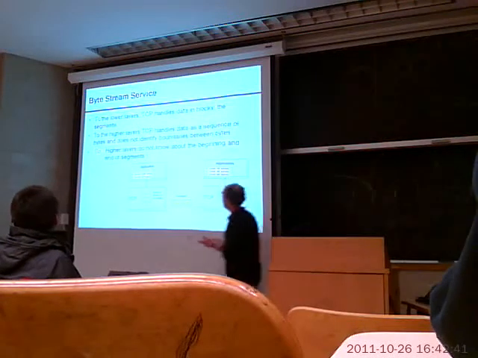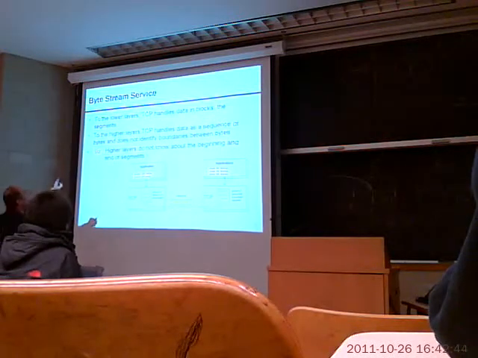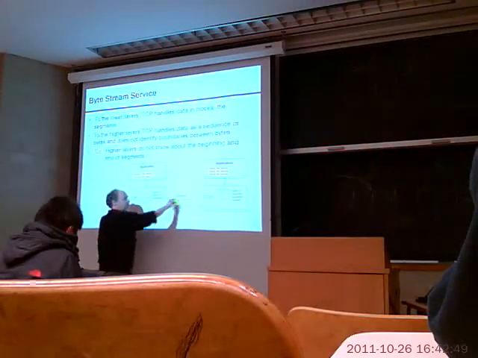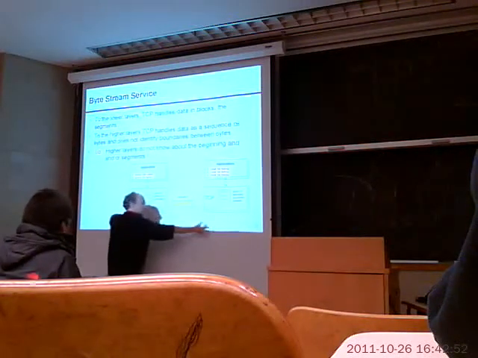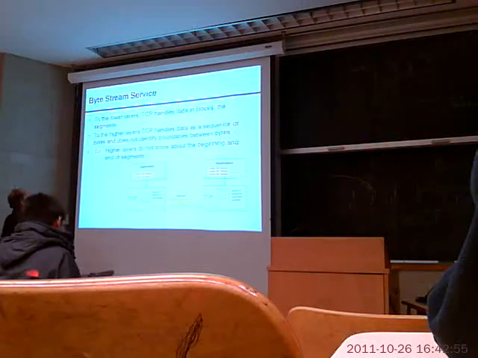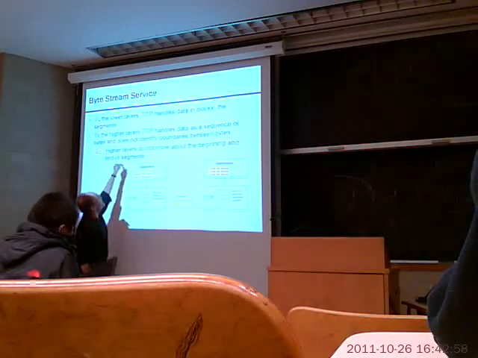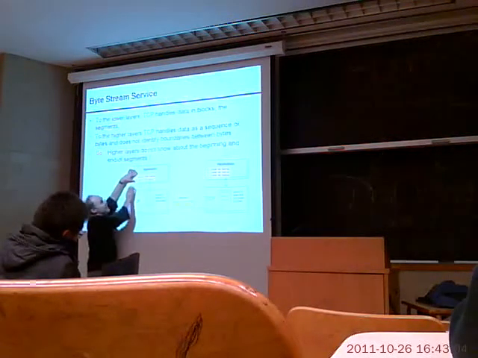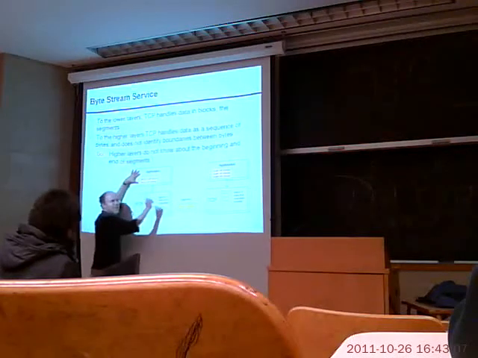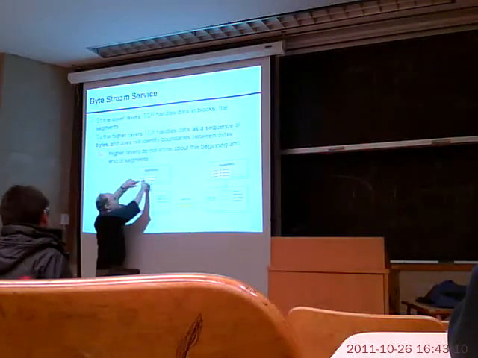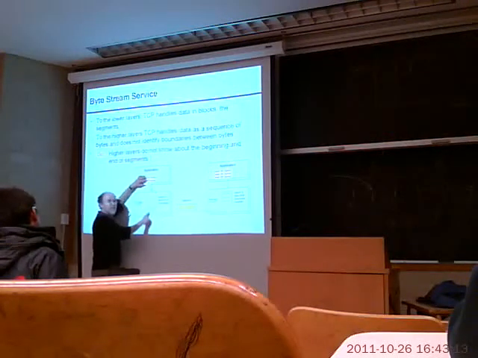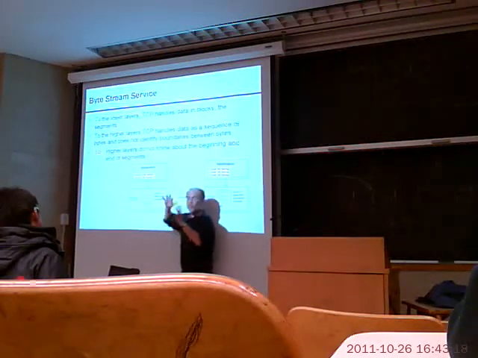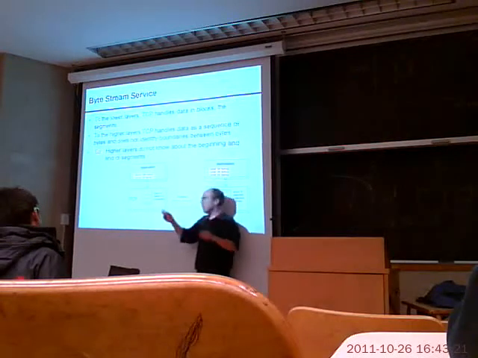So the byte stream service: TCP handles data in segments. TCP sends the segments to IP, which puts them in datagrams and delivers them. To the higher layer, TCP handles data as a sequence of bytes. The application does not see any segment boundaries. If you write 100 bytes here, then 20 bytes there, the applications are not concerned with how the segments are constructed.